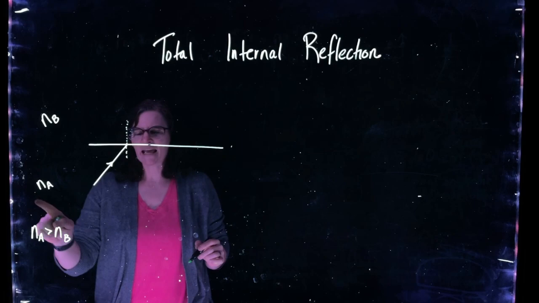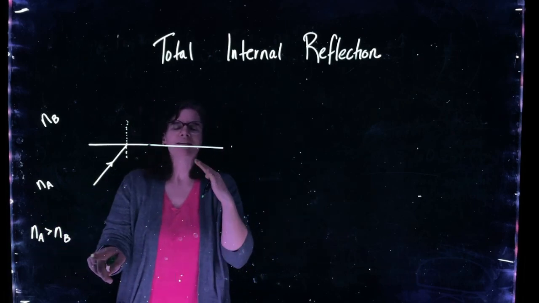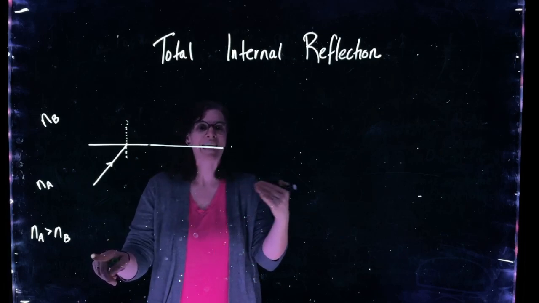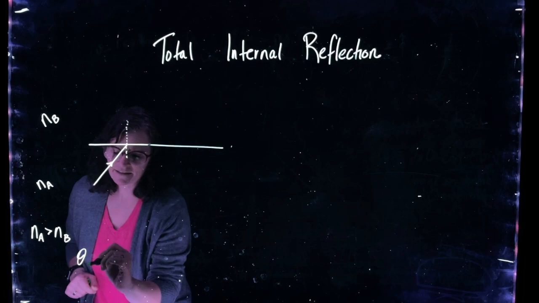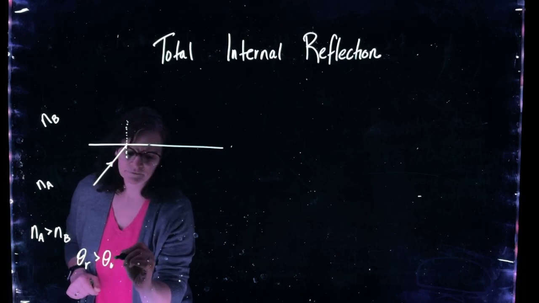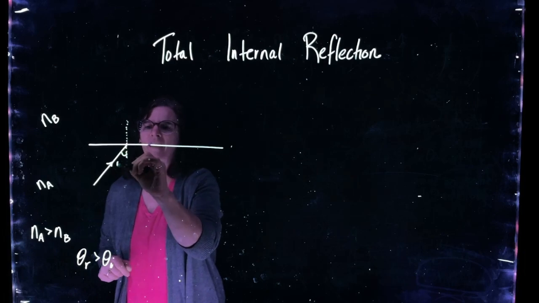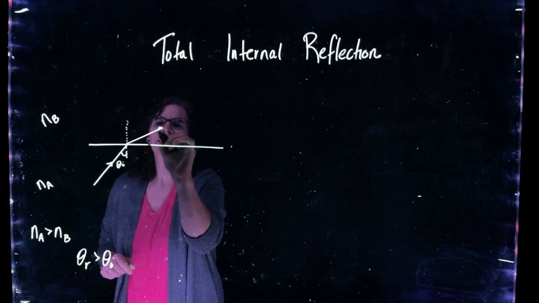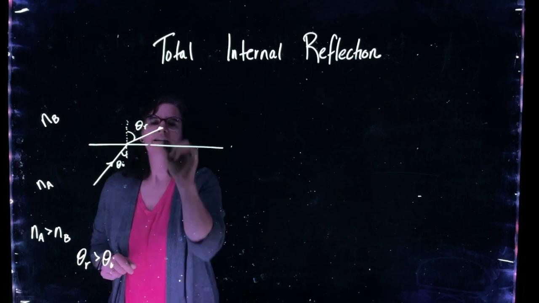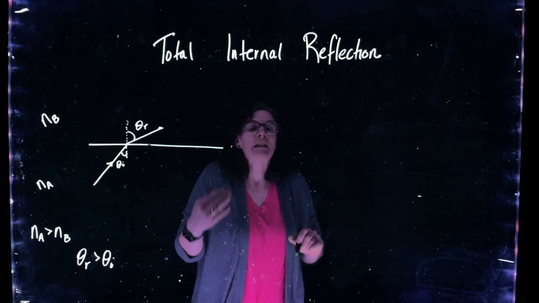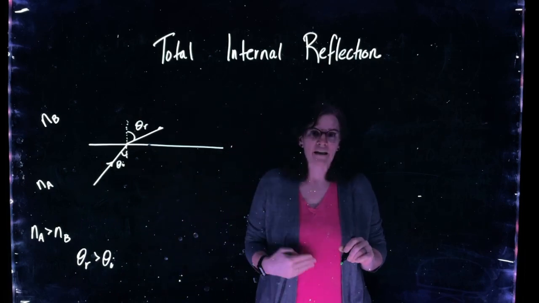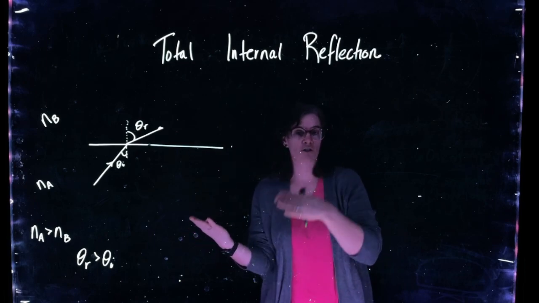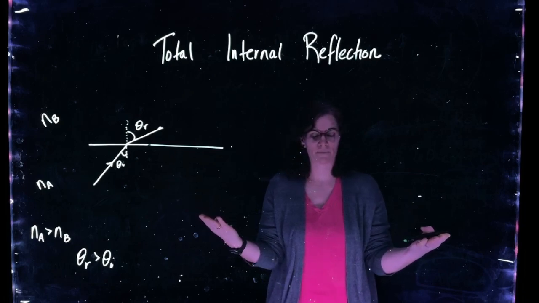And because A is greater than B, the angle of refraction is greater than the angle of incidence. This is my angle of incidence. My angle of refraction is going to be greater than the angle of incidence. The light bends away from the normal when we go from an area of high index of refraction to an area of low index of refraction.